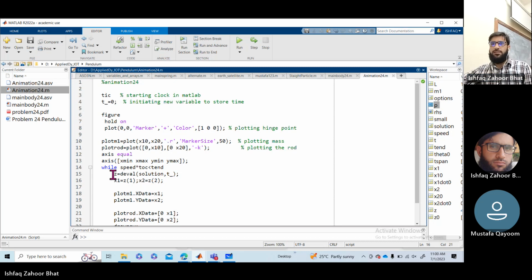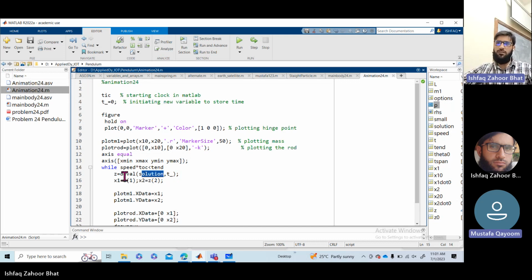Now z equal to deval(solution, t). So we have that z value. We have this solution value, and the solution value contains all the z values over a span of time.